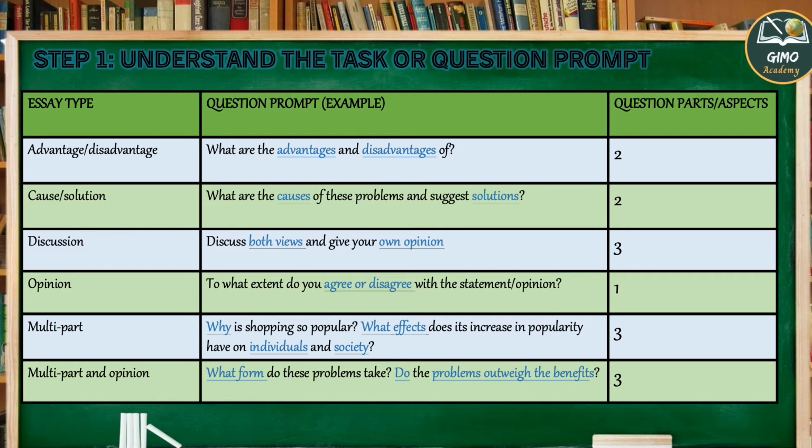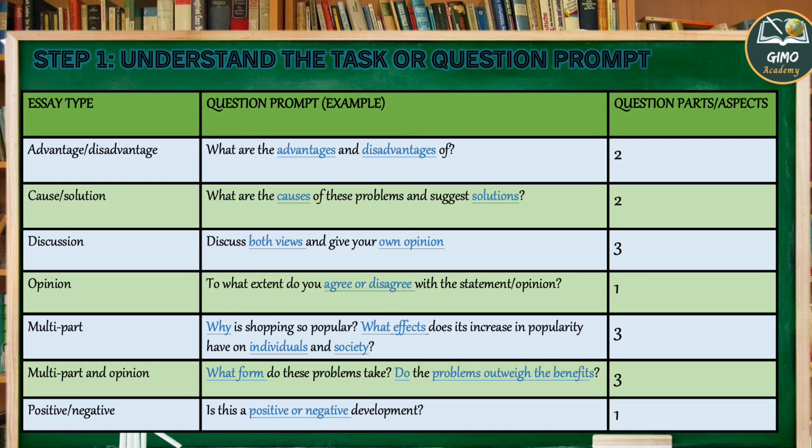For this reason, you have three parts. First of all, you indicate the form of this problem, and then you discuss the positive aspect of this problem and then the negative aspect of this problem. For this reason, you have three parts in this kind of question.